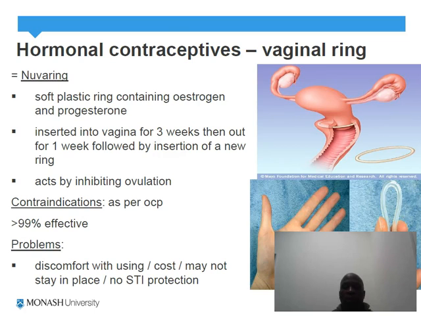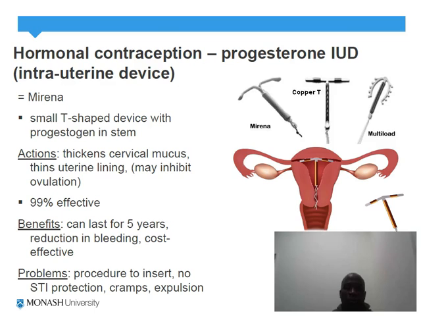So you can see the pictures on the right of how the ring looks and how it appears once inserted into the vagina. Basically, it must be placed around the vagina, leaving the middle part open to the cervix opening. Okay, let's look at the next one, which is the progesterone intrauterine device. This looks like a T, also called the Mirena.